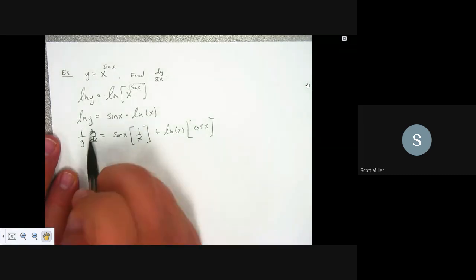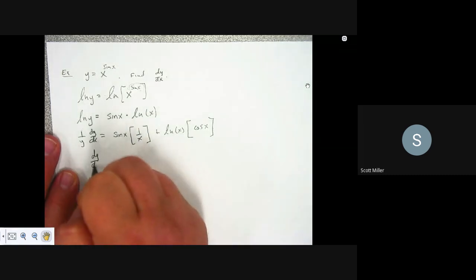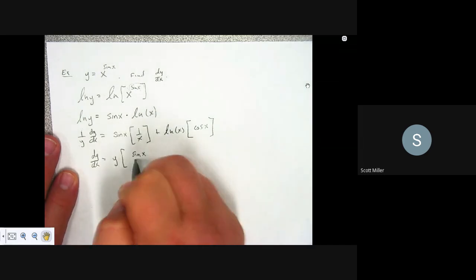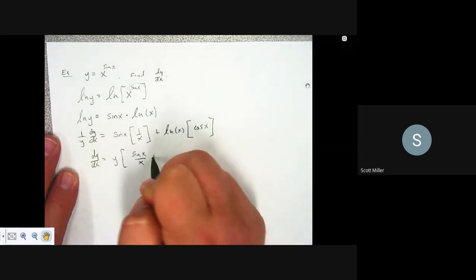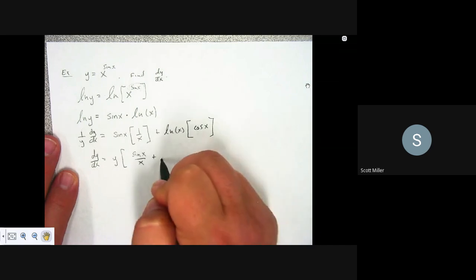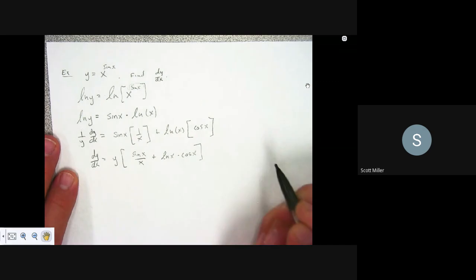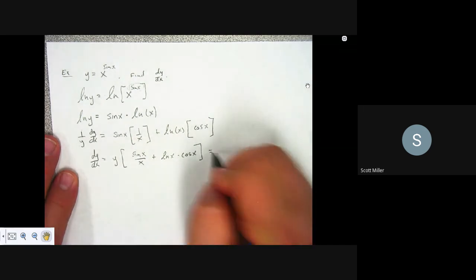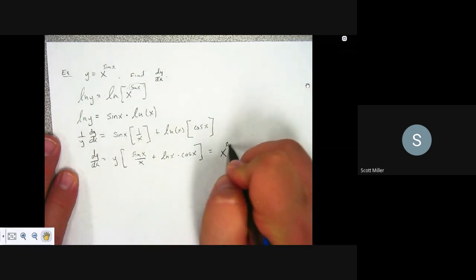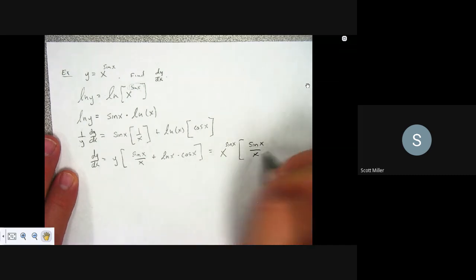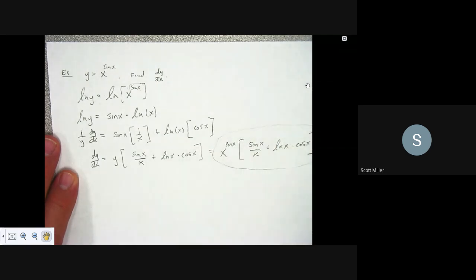Multiplying both sides by y, I get dy dx equals y times the sine of x over x, plus the natural log of x times the cosine of x. And then you can put the y back: x to the sine of x, times all of this. And that's the derivative there.